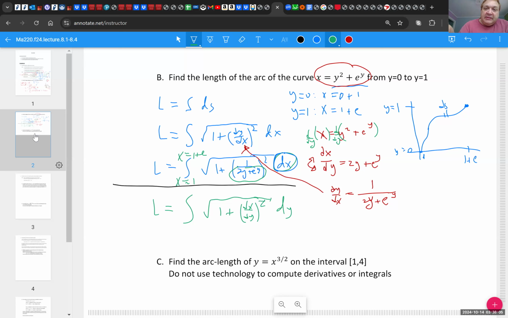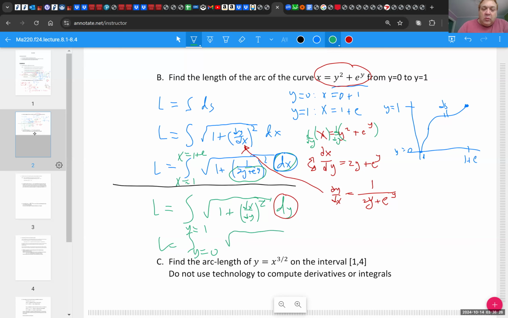Now, of course, I do want to emphasize again, because we have the differential dy, everything's got to be in terms of y's. So our length along the curve has got to be from y equals something to y equals something. The smallest y value is 0. Largest y value is 1.